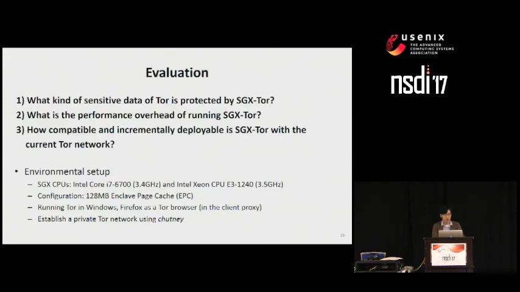recent studies. We evaluate SGX-Tor by answering 3 questions. First, what kind of data of Tor is protected by SGX-Tor? Then we show the performance overhead of using SGX-Tor. Finally, we verify whether SGX-Tor is compatible with vanilla Tor and incrementally deployable.